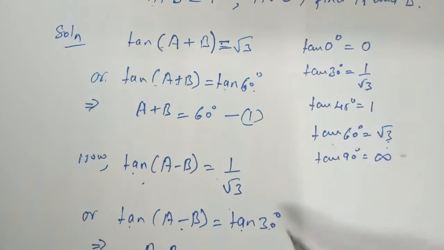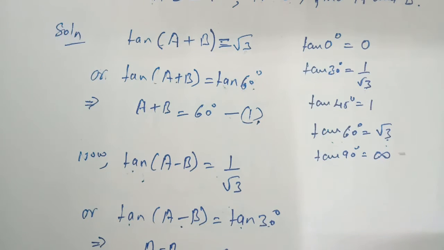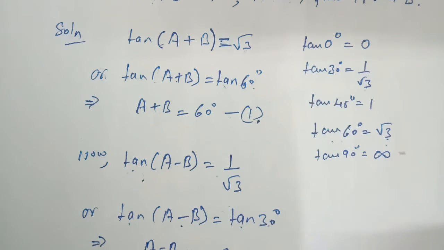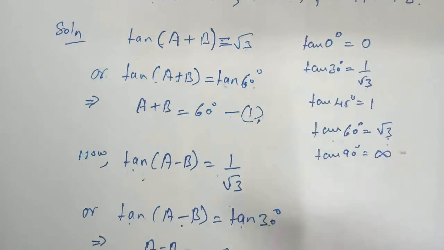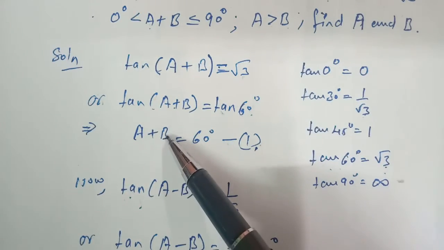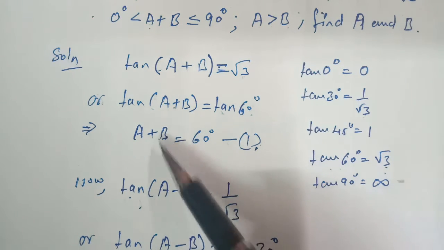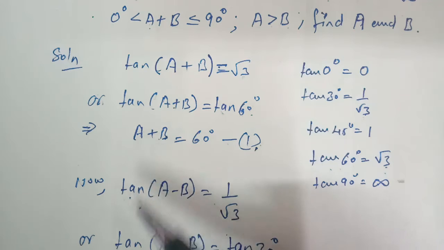This is equation number 2. Now we have to solve equation 1 and equation 2. We are going to use the elimination method that we have learned earlier. Here the coefficients of b are the same, as well as the coefficients of a. If we want to eliminate a, as both have the same sign, we have to subtract.